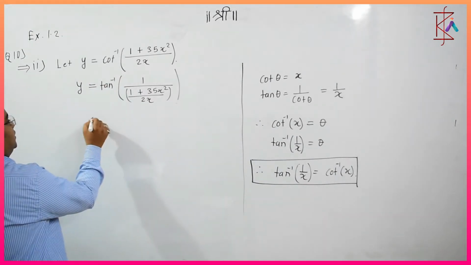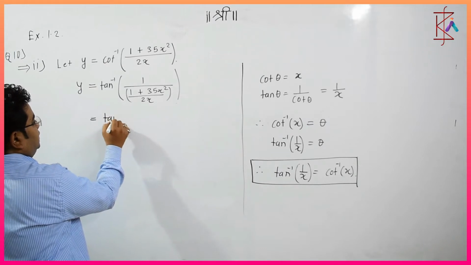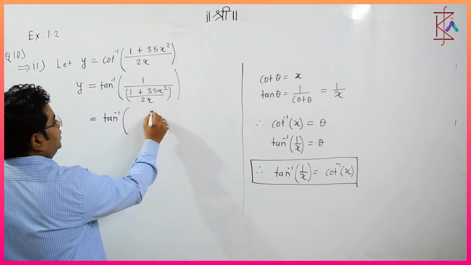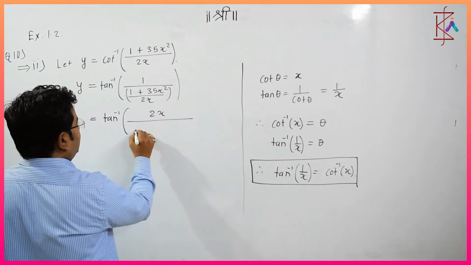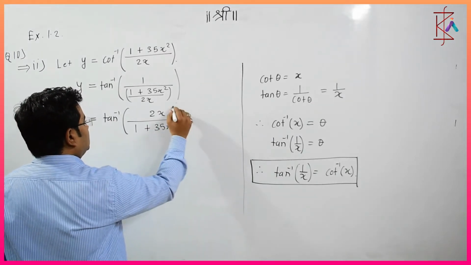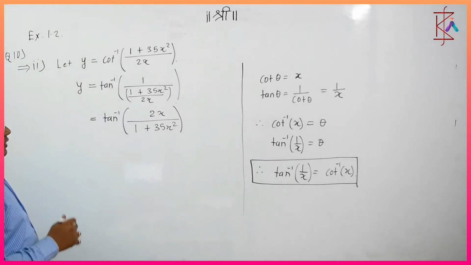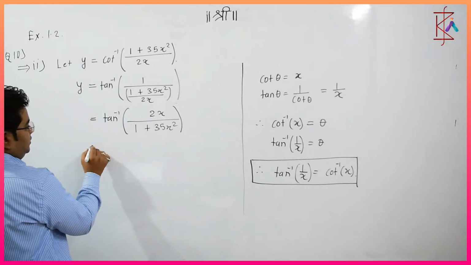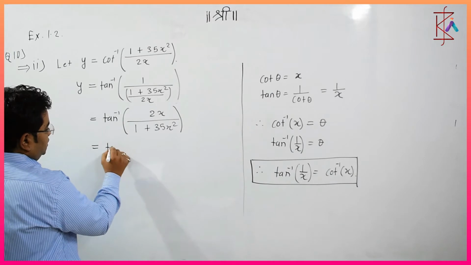Now next step, tan inverse of 2x divided by 1 plus 35x square. Now within this bracket again we need to simplify.